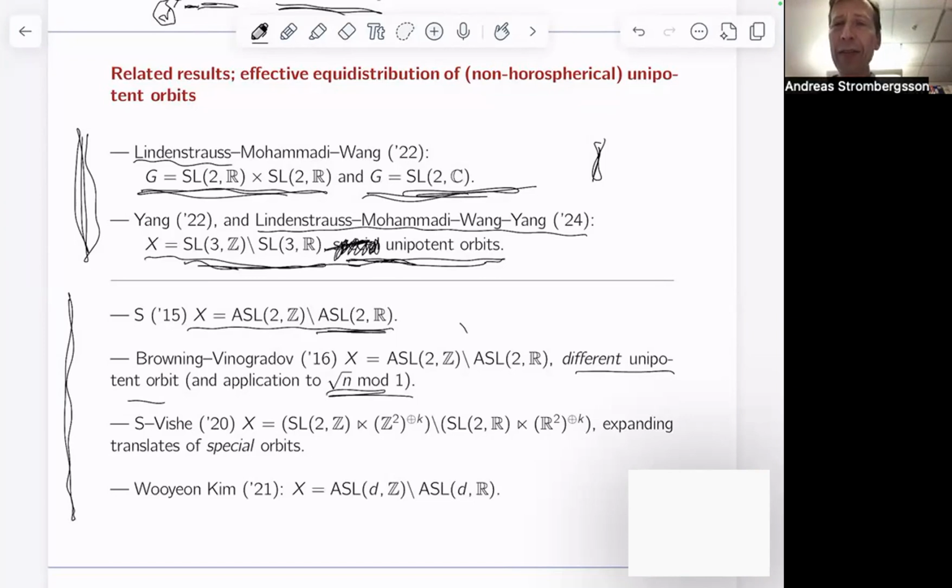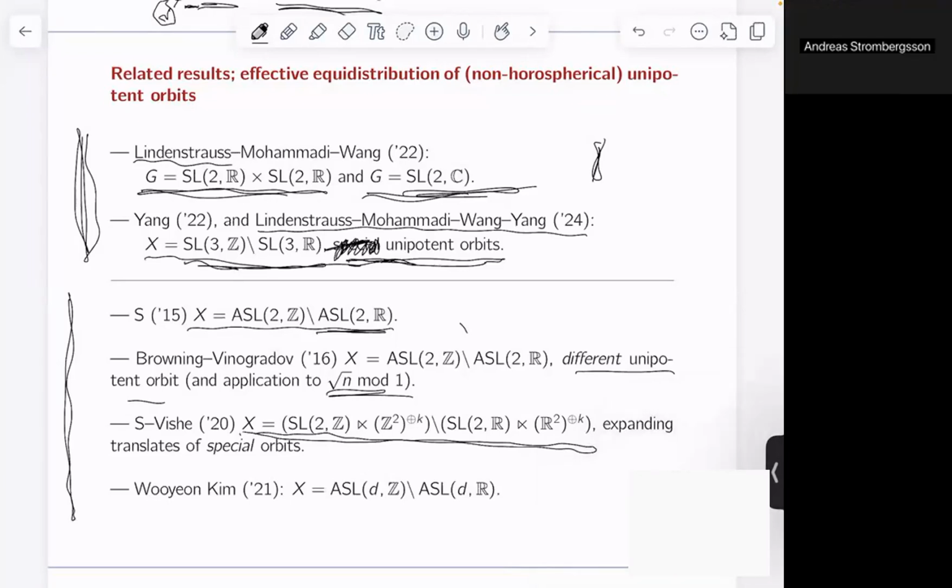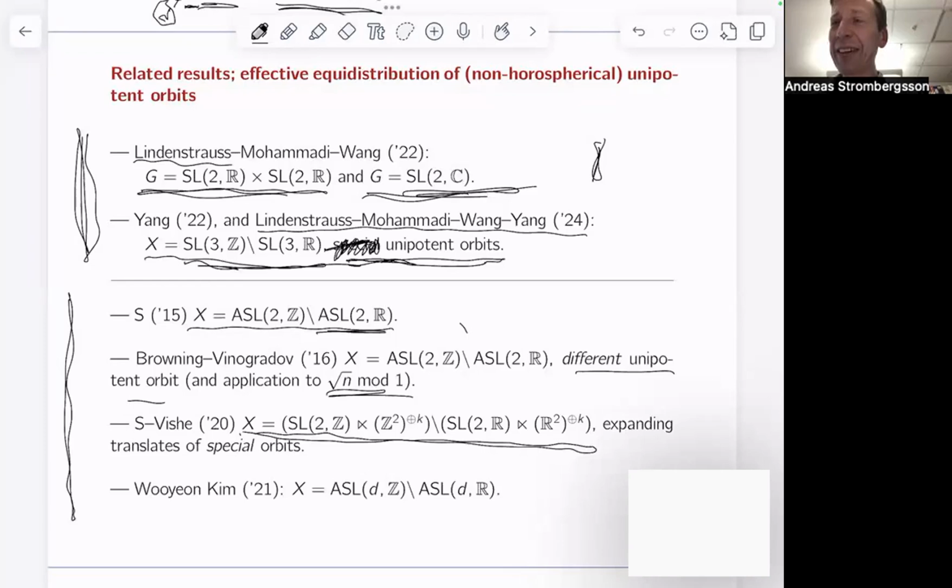And then together with Pankaj, I have also worked on the same setting that we have today, but we weren't able to handle arbitrary unipotent orbits for the given unipotent subgroup that I'm discussing, only rather special orbits. Still, it was enough to have some applications to questions about local statistics of inhomogeneous quadratic forms.